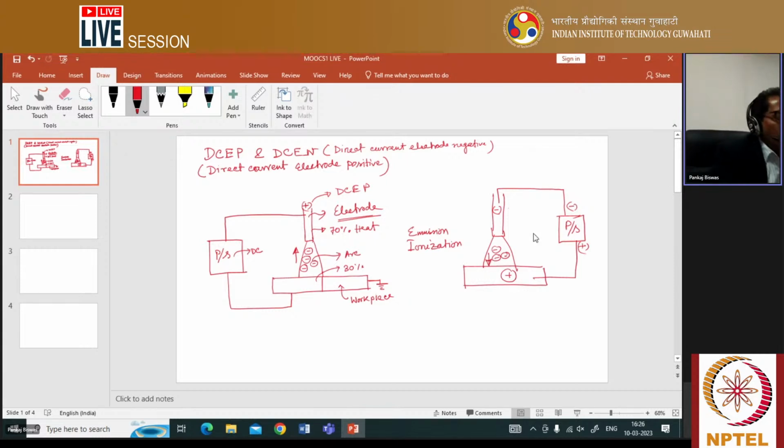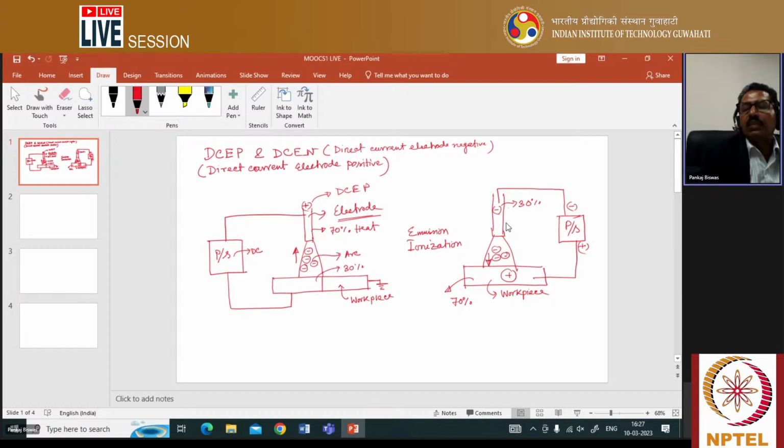So bombardment of electrons generally takes place in the workpiece region, correct? As the bombardment of electrons takes place in the workpiece region, in case of this polarity, around 70% heat is generated in the workpiece region, and around 30% heat is generated in the electrode region. This you should keep in mind.